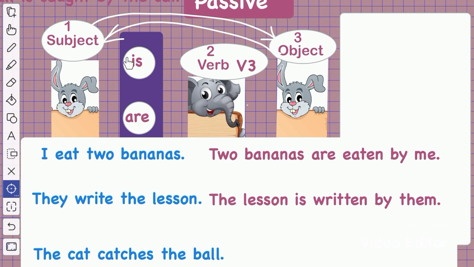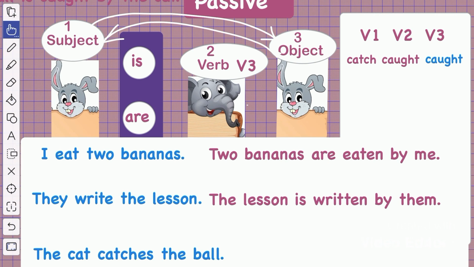And then after choosing is or are, I will write V3 of the verb catch. So what is V3 of the verb catch? Caught. Caught is V3 of the verb catch. So it will be the ball is caught.